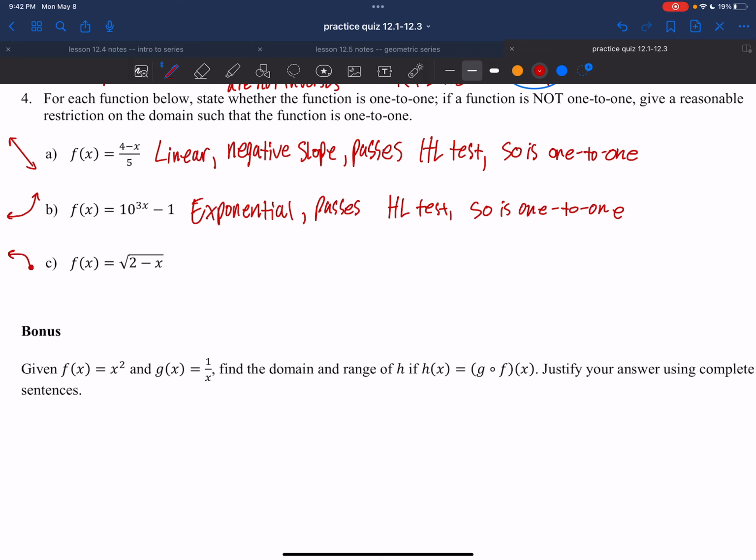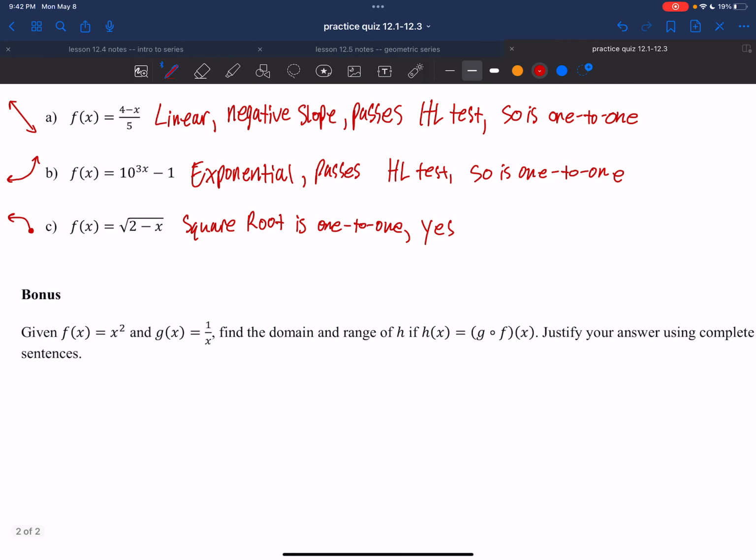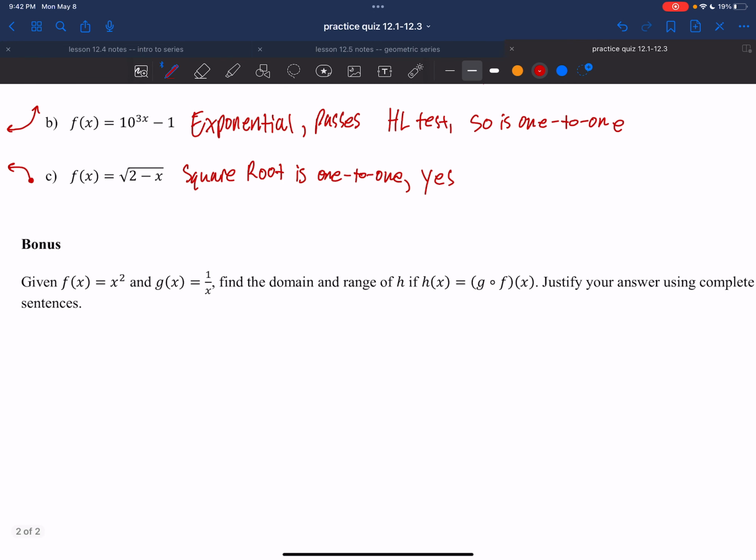Here, that's a square root function, right? A square root is 1-to-1. Yes. Whoops, I meant to throw one on here that's not. Okay, here, let me show you one.